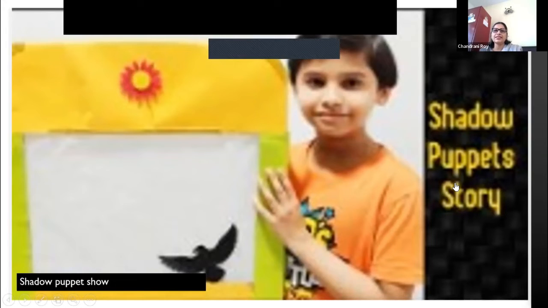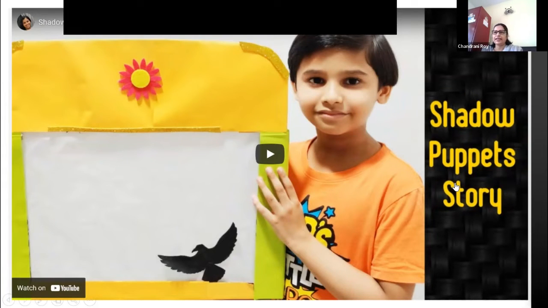Now this is an art integrated activity that I have incorporated in my slides, a shadow puppet story. So this is a short story where a child uses puppets and shadow to convey a small story.